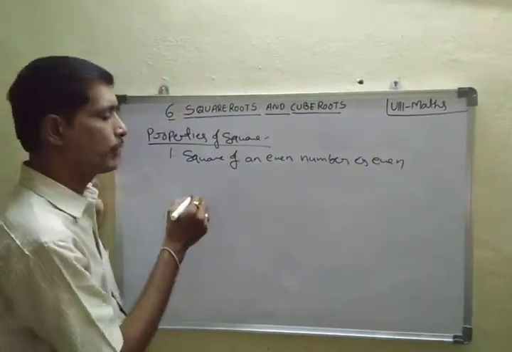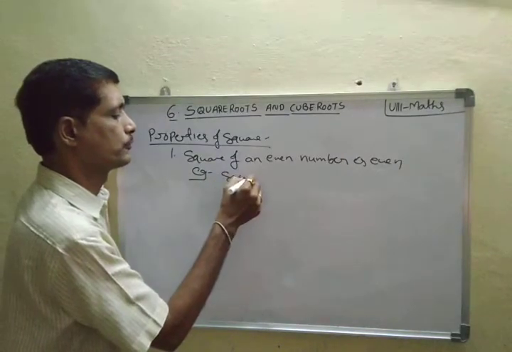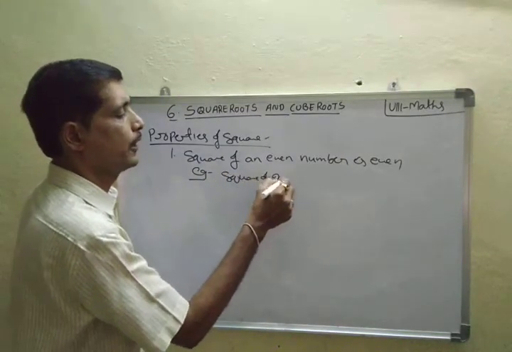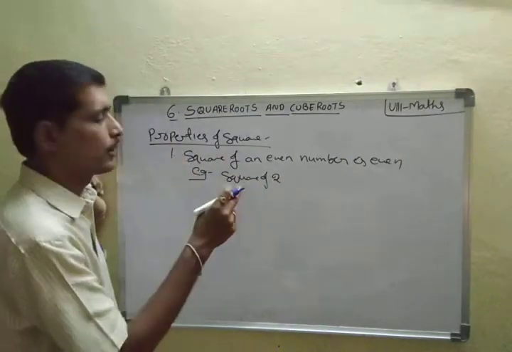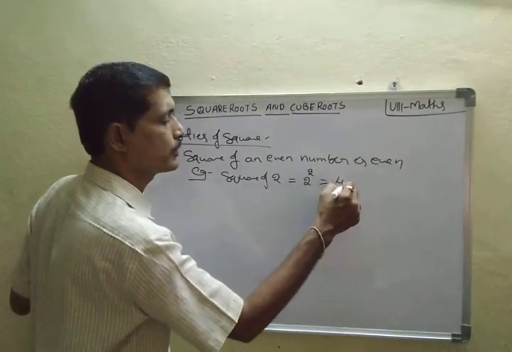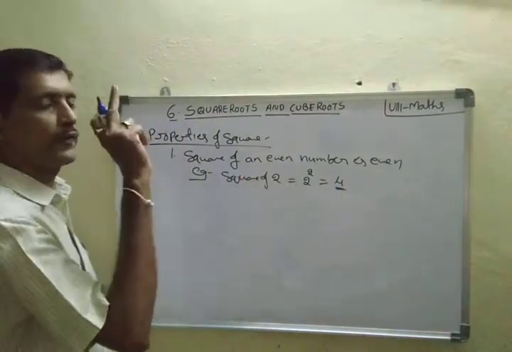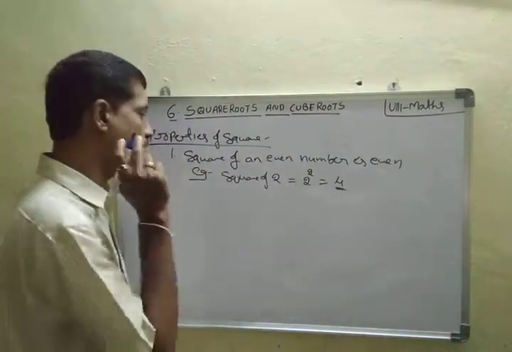Suppose you take an example, square of 2. Here 2 is an even number. Square of 2 is equal to 2 square, that is equal to 4. 4 is also an even number. Therefore, square of an even number is always even.